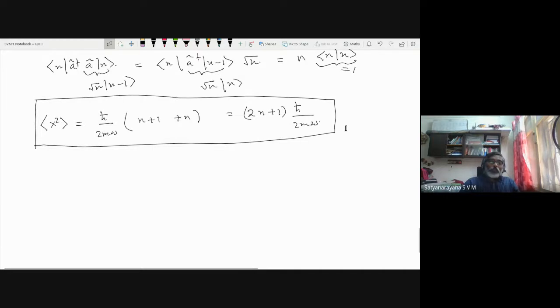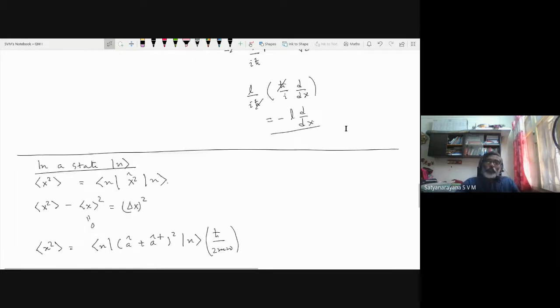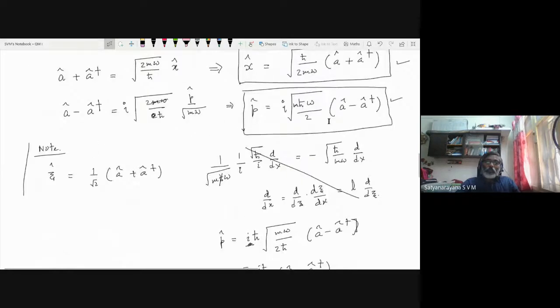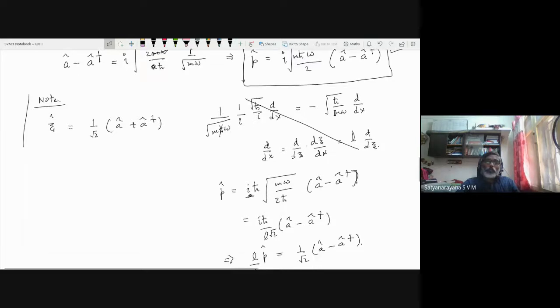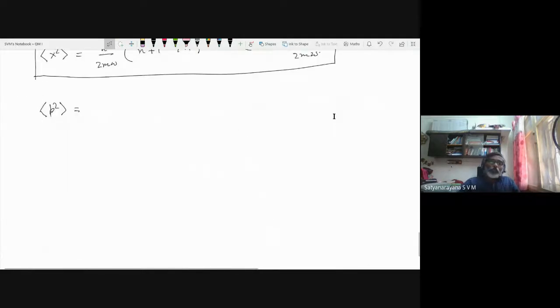Now you can ask what is the expectation value of p². If you go back to this one, p² is given by this one. So minus mωħ/2 into ⟨n|(a − a†)²|n⟩.